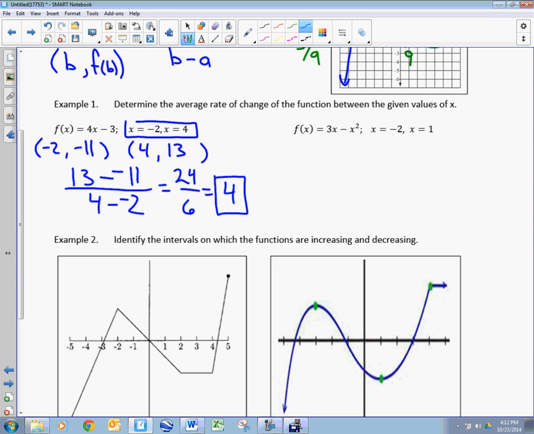Same thing for the second function. I have -2 and I have positive 1.